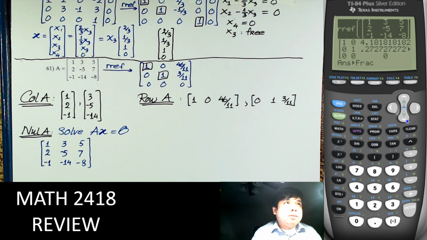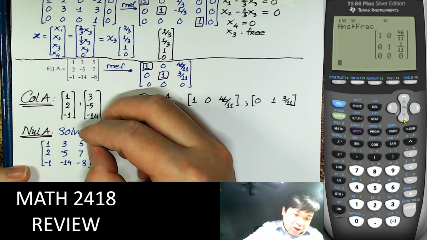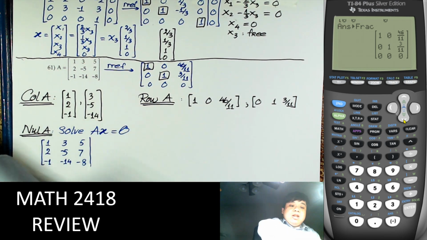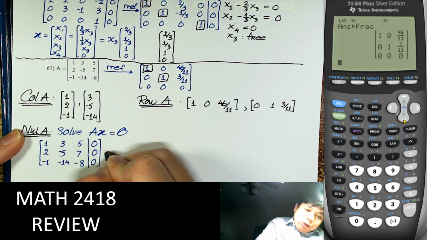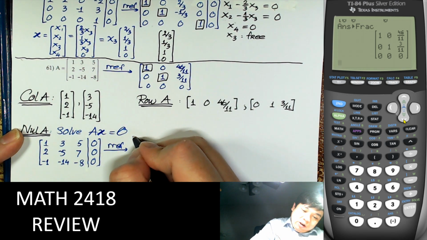Right. And then this is a homogeneous matrix, so we'll have 0 on the right hand side. And reduced to echelon form, we don't have to do this again. It will be just this one on the left hand side.